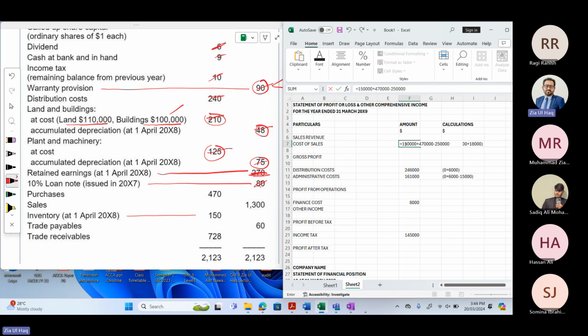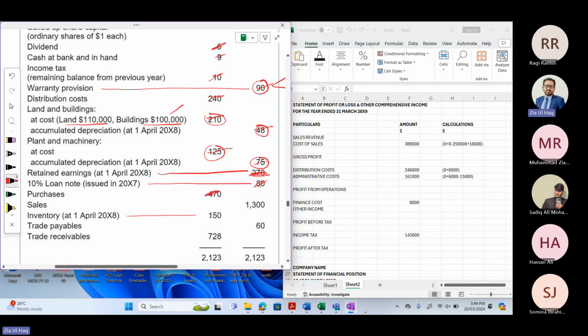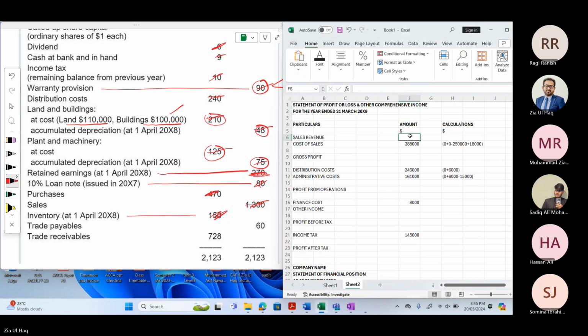And we need to add depreciation, 18,000. So press enter. That will automatically be calculated. So we have done with purchases and opening inventory. Sales figure is 1,300,000. So put sales revenue 1,300,000.